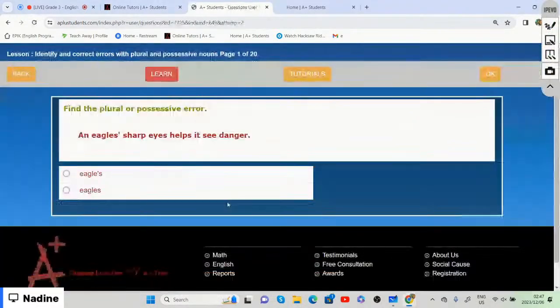All right, so we need to find the plural or the possessive error. An eagle's sharp eyes help it to see danger. Eagles. So which of these words are wrong?